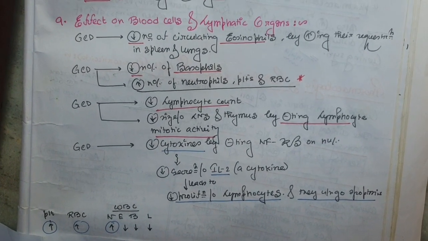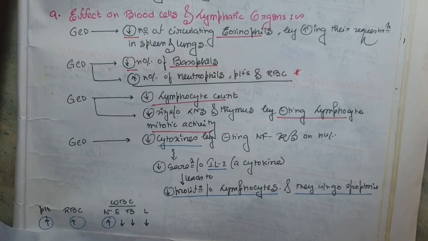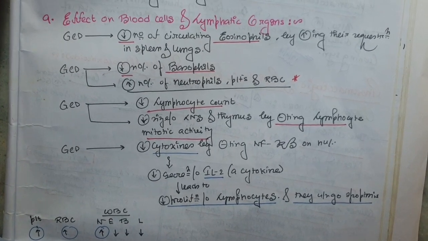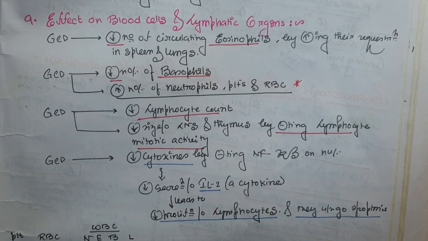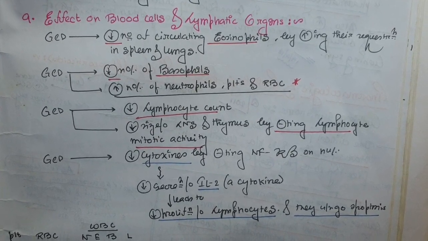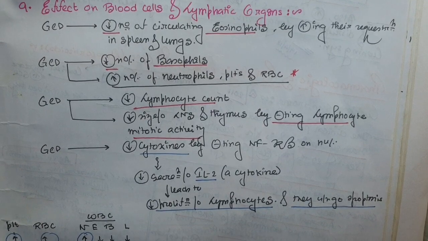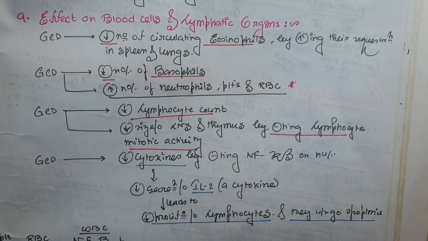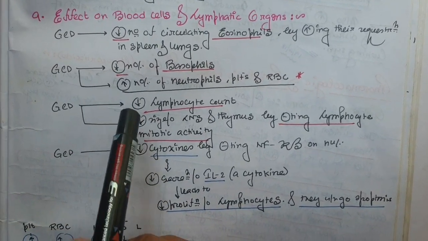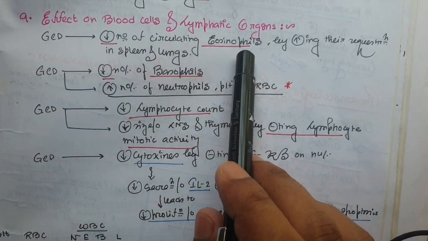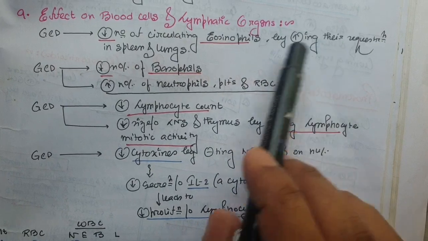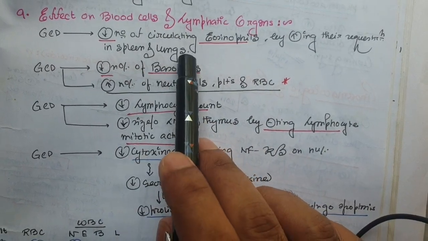So now let's discuss how this inhibition of the immune response occurs with glucocorticoid treatment. At first, let's start with the effect of glucocorticoids on the blood cells and the lymphatic organs. There are a few important points here. Number one, glucocorticoids decrease the number of circulating eosinophils by increasing their sequestration in the spleen and lungs.